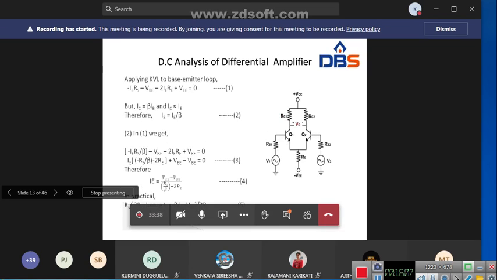This voltage drop is IC into RC. So the collector voltage of Q1 is VCC minus IC into RC.